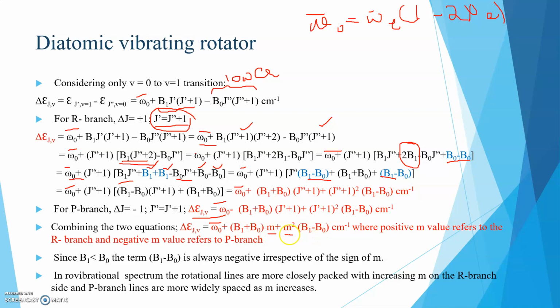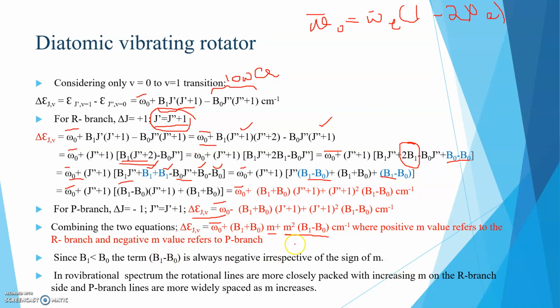And if you look at this value M square (B1 minus B0), we know that B1 is the rotational constant associated with the upper vibrational state, and B0 is the rotational constant associated with the lower vibrational state. And we know that B1 will always be less than B0.